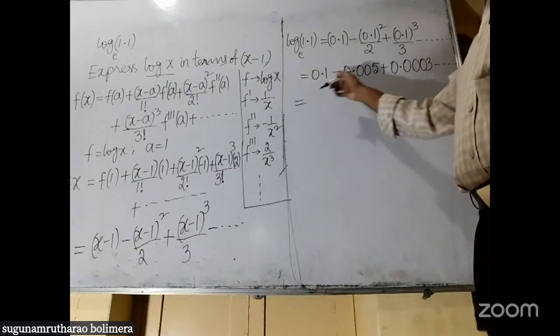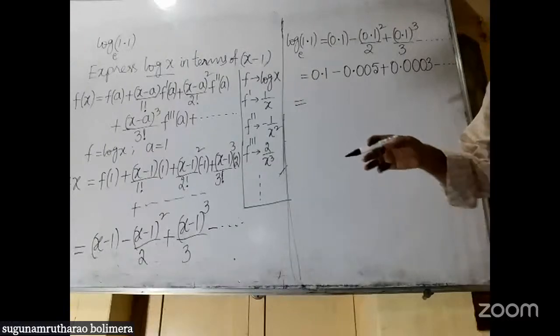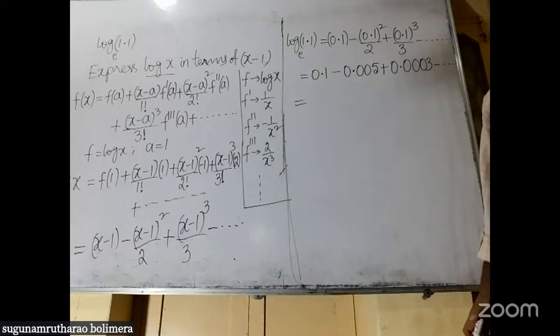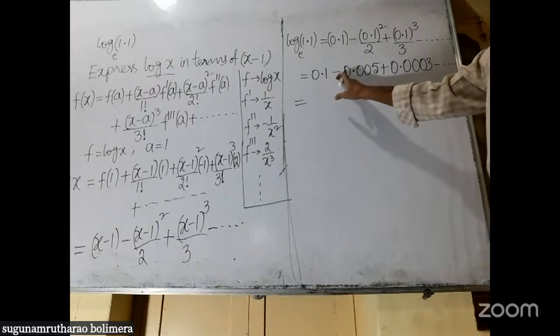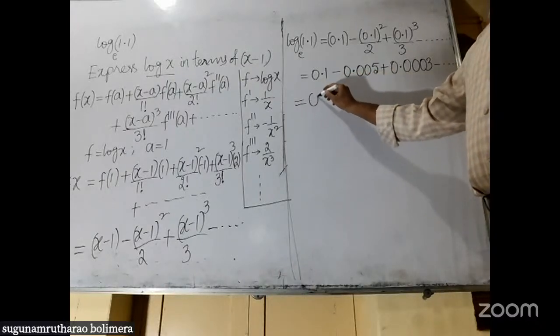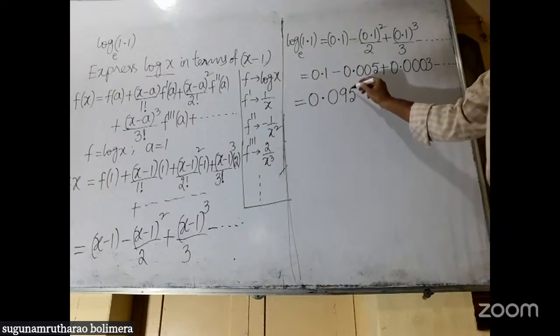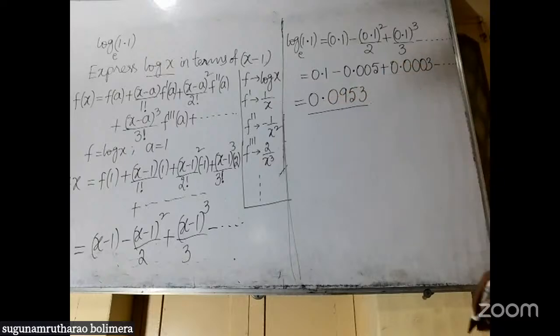If you simplify this, the calculator completes this program; use this formula to get such values. So 0.1 minus 0.005, what is the value? 0.095. Add this, that will be 0.0953. This is the answer.